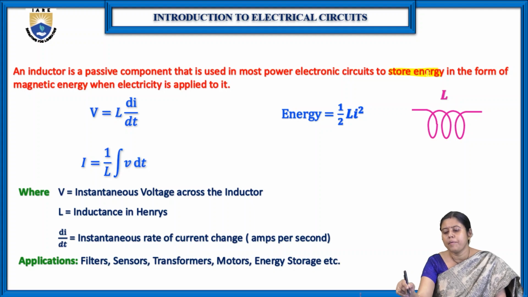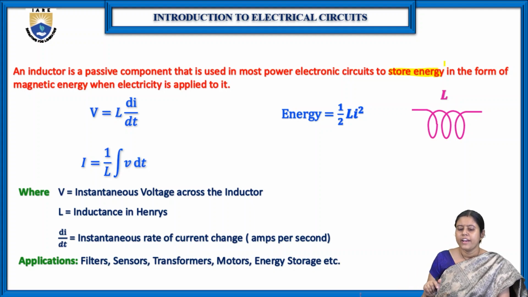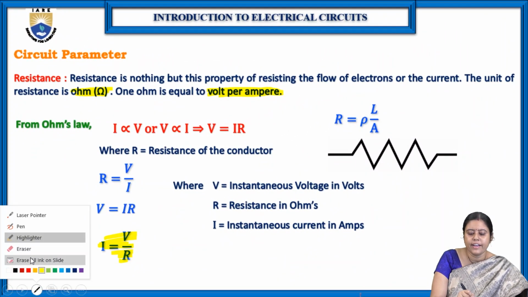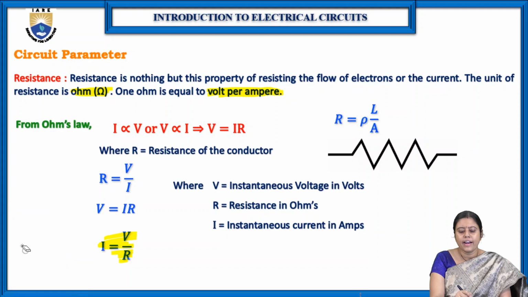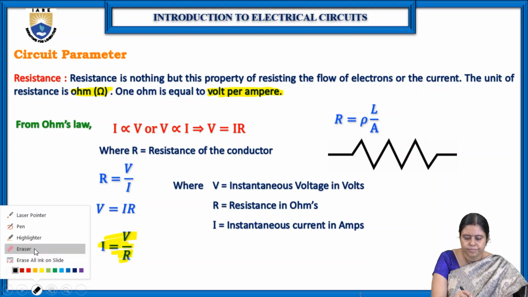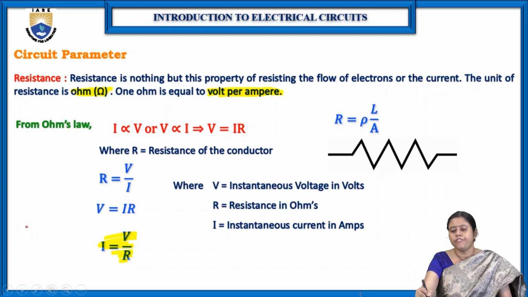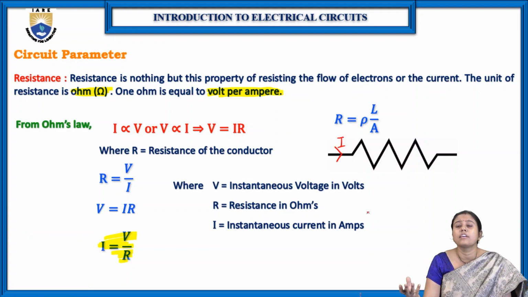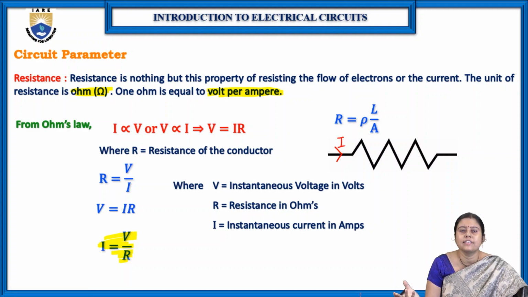One thing you have to remember is that the resistor is used for dissipating energy. Dissipating means that when current flows through a resistor, the resistor becomes very hot. You can see an example in an electric heater. A high resistance nichrome wire is there.